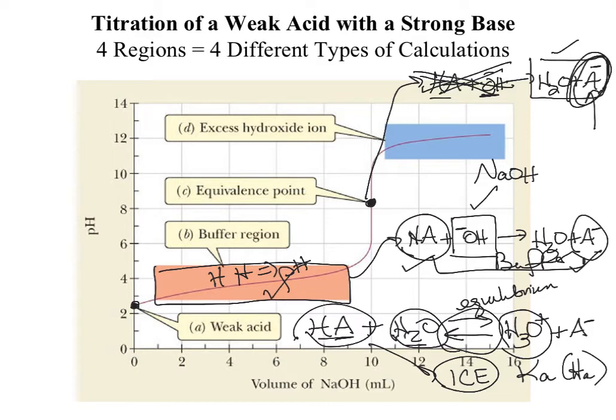So the equivalence point is the biggest pain to find pH, because you have to write out 2 reactions. One showing that you've reached the equivalence point, that the original material is gone, and then you have to write another reaction to show how this conjugate base is going to affect the pH.